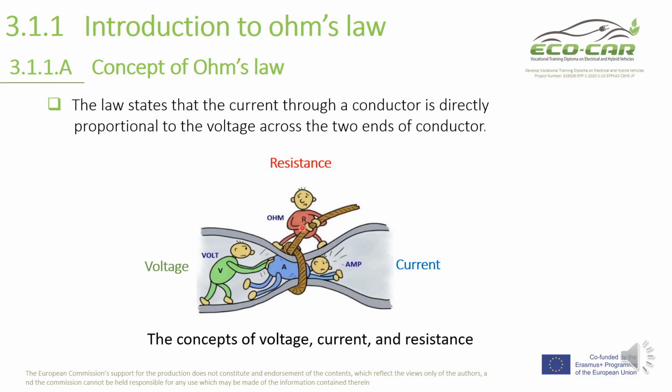And if there is more strength for this person, meaning more resistance, it prevents the flow for this person going through this conductor or pipe. So this shows the concept of Ohm's law.